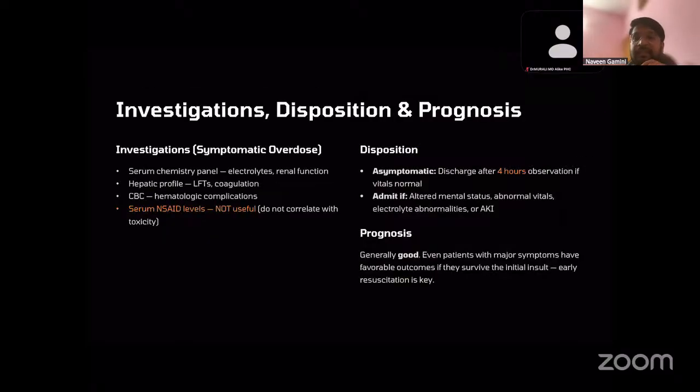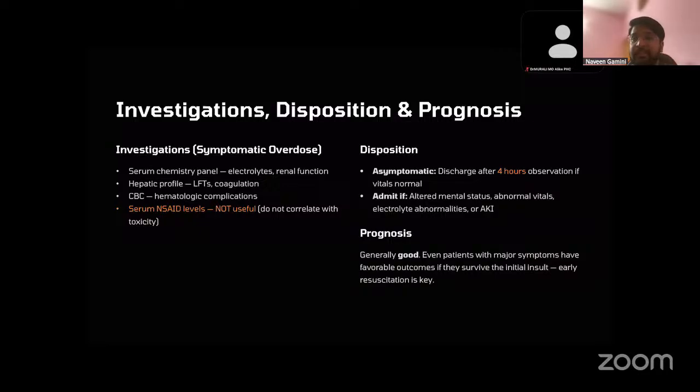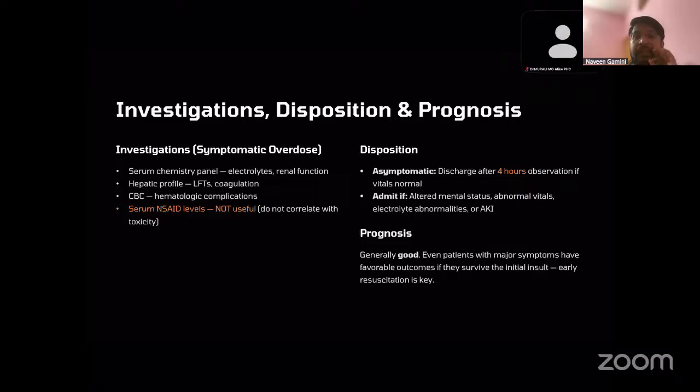Next, regarding the investigation, general metabolic profiles, that is serum chemistry panel of electrolytes, renal profile, hepatic profile, everything is required. And the key important point is that serum NSAID level is not useful because it does not correlate with the toxicity. For other ingestions like opioids or paracetamol, acetaminophen, we take serum levels. But in NSAID toxicity, serum NSAID level is not useful.